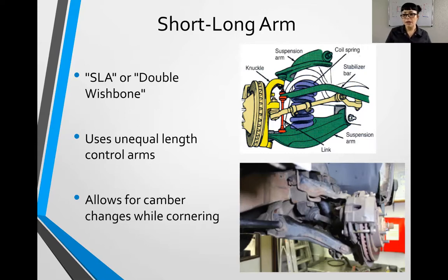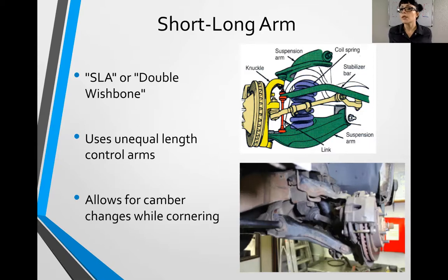Something I want to talk about here, here's a real life picture with upper control arm, lower control arm. An advantage to SLA designs is the camber gain. But the problem is there are more components involved. So it's going to be more expensive to make, and it's also going to be more expensive to work on because we've got lots of extra components like bushings and joints and stuff that is not on other designs.